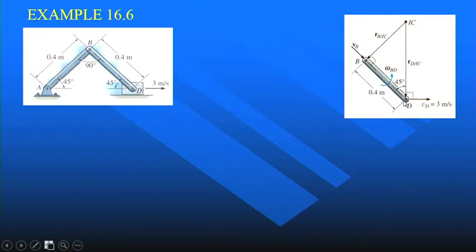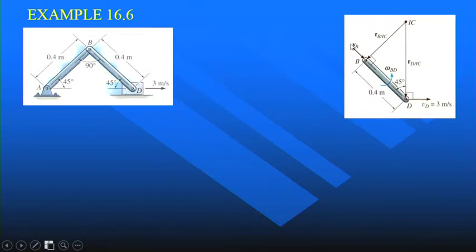One is point D, whose velocity is horizontal, and the other point must be B. The direction of velocity is perpendicular to AB.